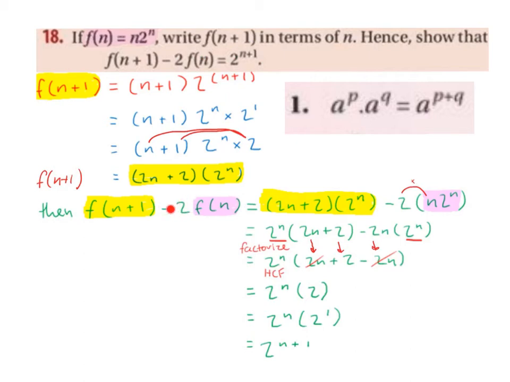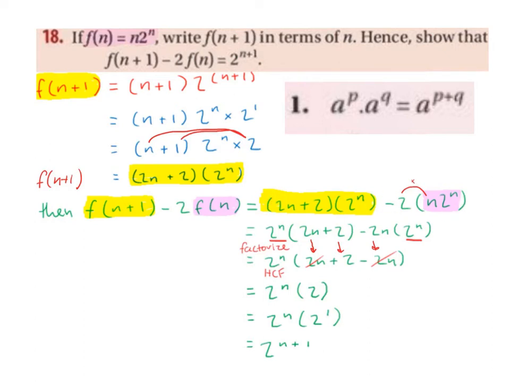We bring over the minus 2. And we know from the question that f of n is equal to n times 2 to the power of n. So we swap f of n for n times 2 to the power of n. And we must stick brackets around it because we're multiplying. Okay, so that's where this step comes from.